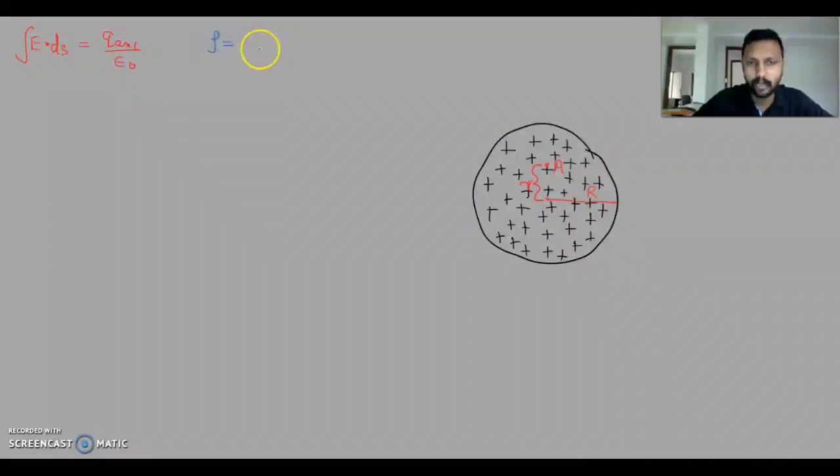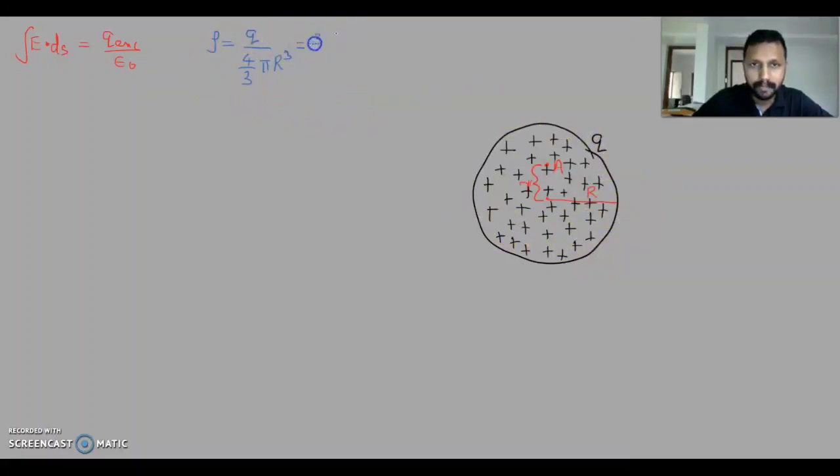Volume charge density is rho. It is charge per unit volume. Let us assume that the total charge accumulated over this sphere is Q. Therefore, the volume charge density rho is charge per unit volume, that is Q divided by the volume of the sphere, 4 by 3 pi capital R cube, since the charge is distributed over this capital R radius.